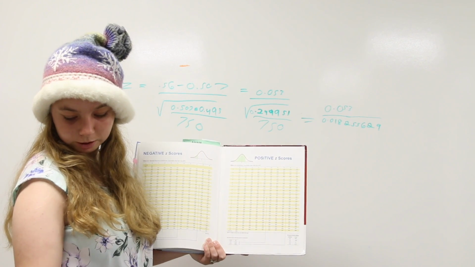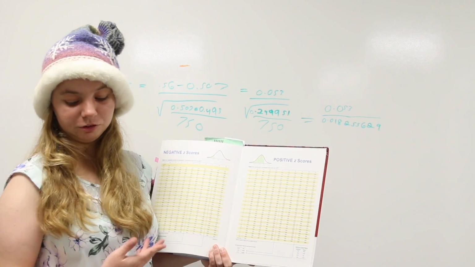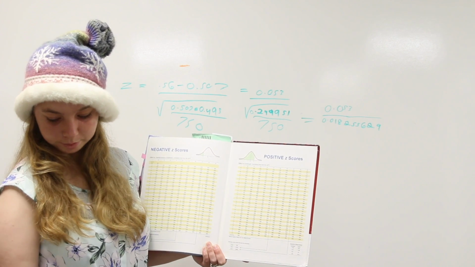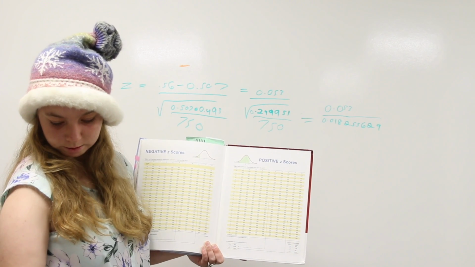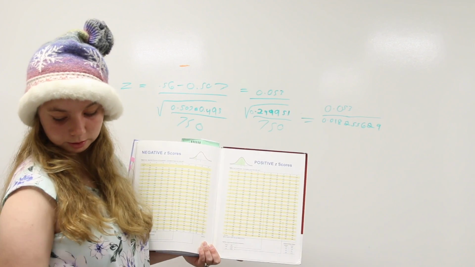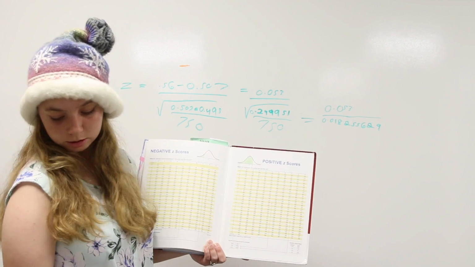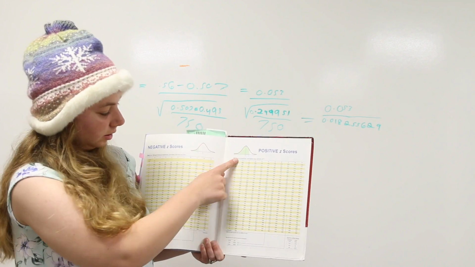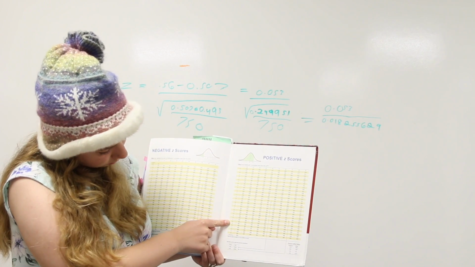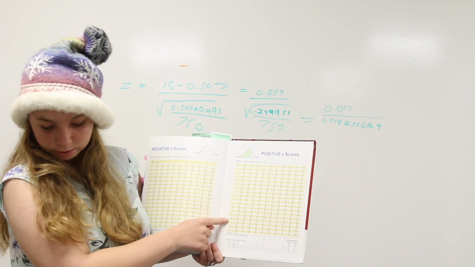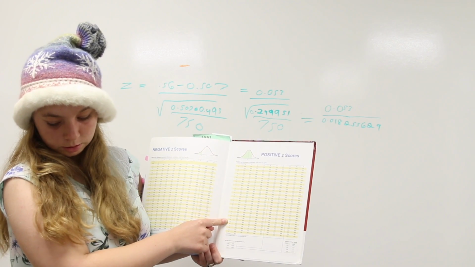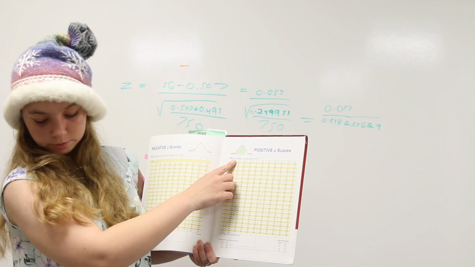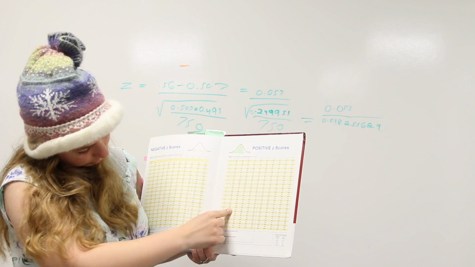So to find the p-value, go to the z table, which is found in the back of your book. Find the z score of 2.9 on the left side of the z table. Then go to the top and find 0.00 and find where they meet.